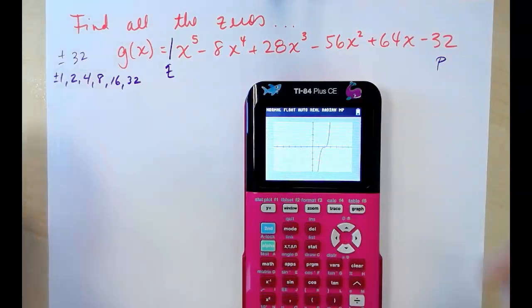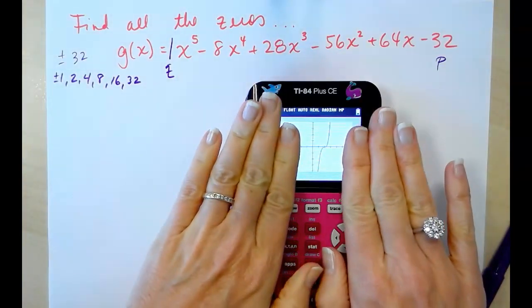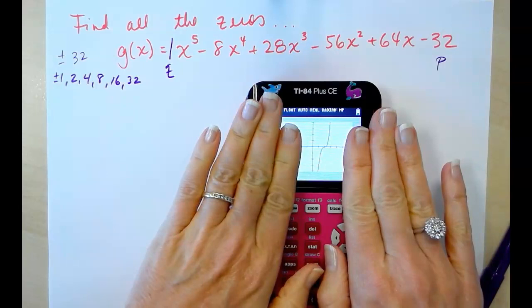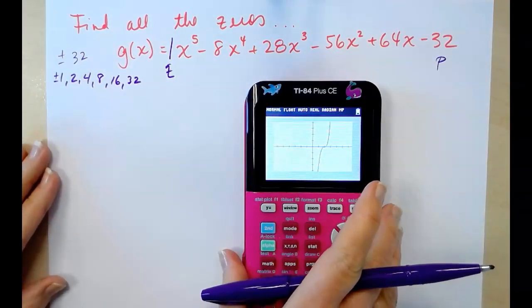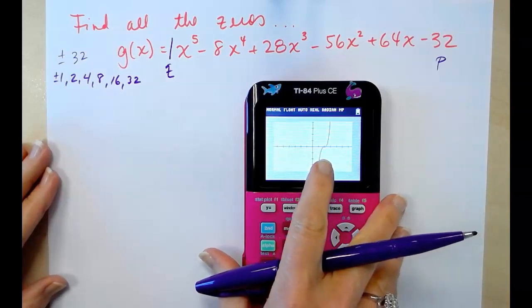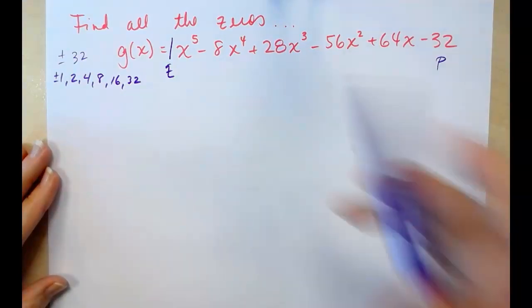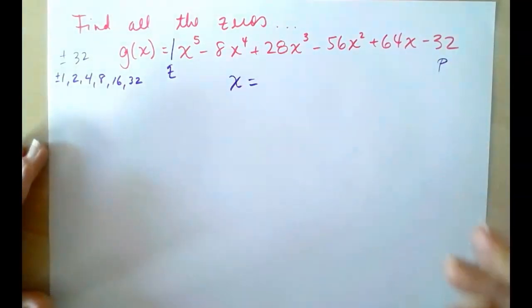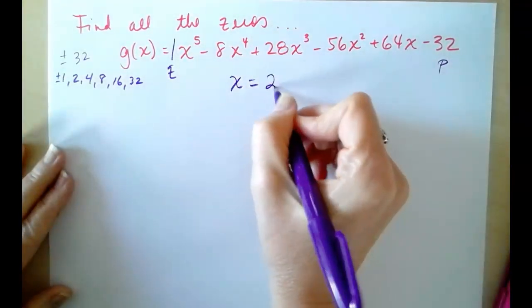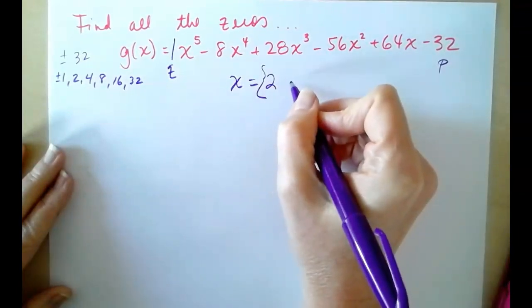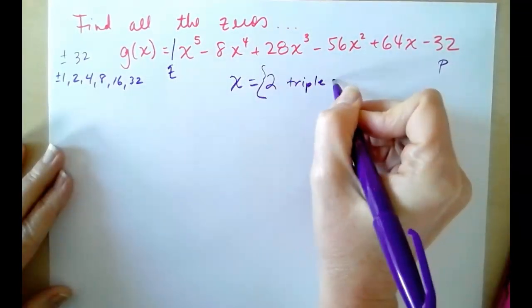It's an odd multiplicity, and if we really just focus on this piece of the graph, it's a cubic function. So what that means is we don't have a double root, we have a triple root at positive 2. So x equals positive 2, and that is not a double root, but a triple root.